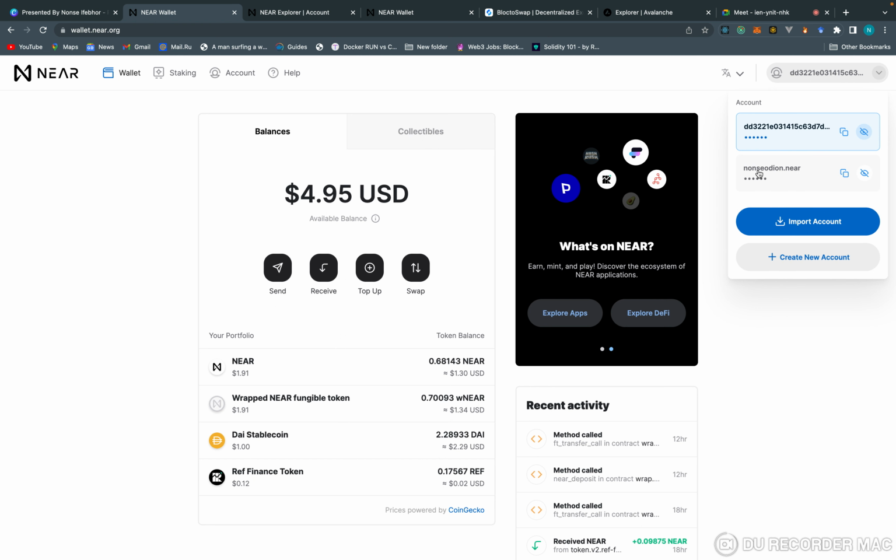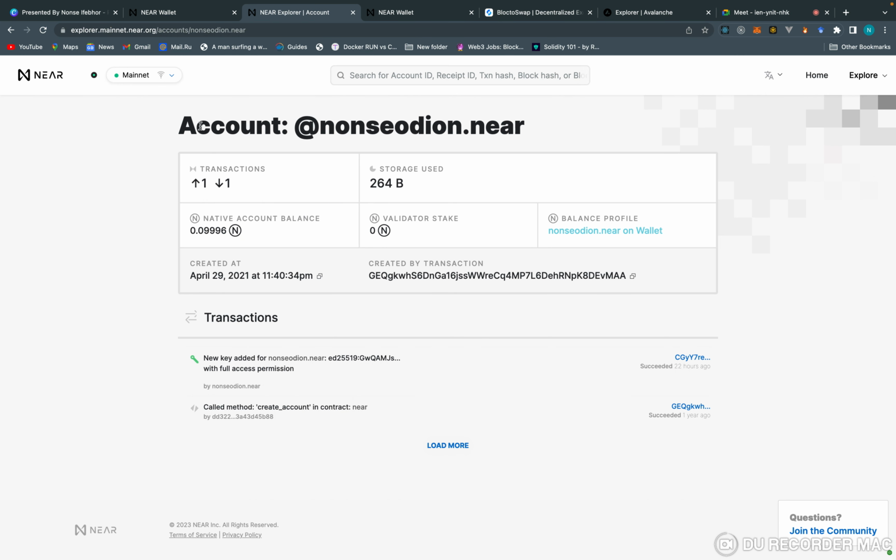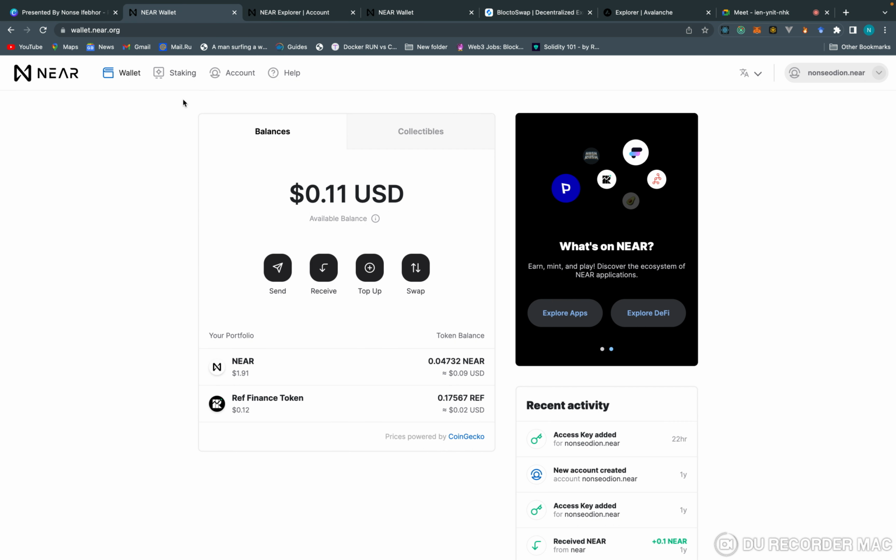If I come to the NEAR Explorer now, you see it says account at nonce.near. The explorer understands that this is the account, and so I can use it directly as an address anywhere, and the NEAR protocol will understand it, unlike the Ethereum protocol. Do you guys get that whole logic?